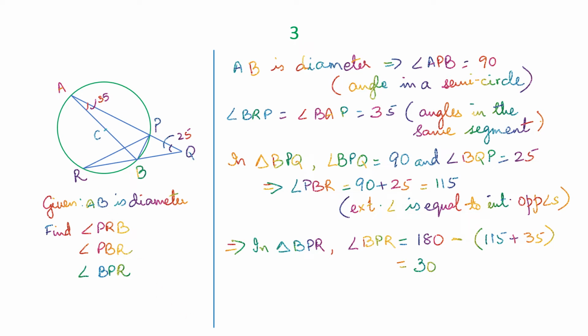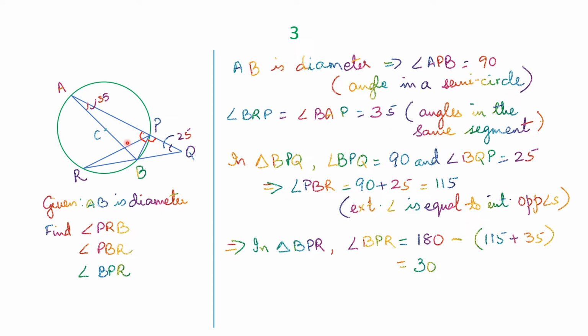The first thing you are going to say is, because you have AB as a diameter, the angle in the semicircle, that means this angle, is equal to 90. If this is 90, it implies this is also equal to 90. This is what we have written, that is AB is a diameter, implies angle APB is equal to 90, angle in a semicircle.